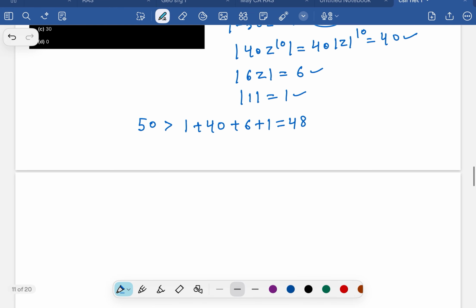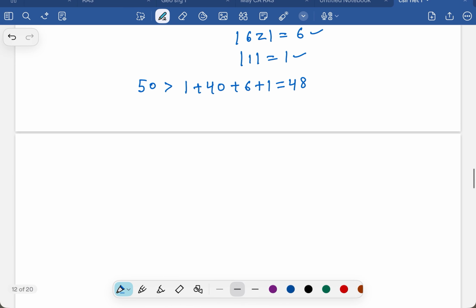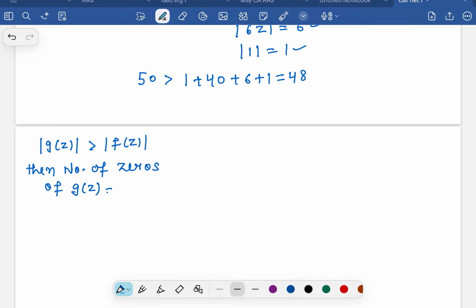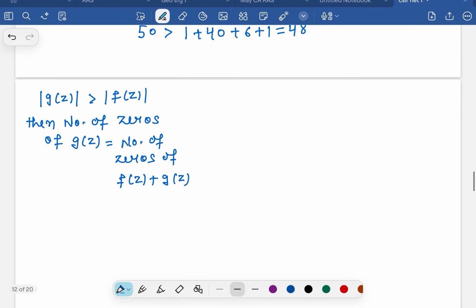तो इसका मतलब है यहाँ पर actually Rouché's theorem ये कहती है कि if I am able to find a function g(z) which is greater than the function f(z), then number of zeros of g(z) is equal to number of zeros of f(z) plus g(z), ठीक है. Here f(z) plus g(z), let's say it is the p(z) which is the given function in the question.